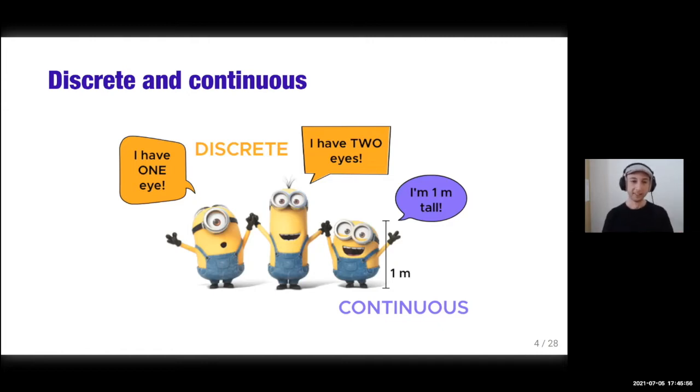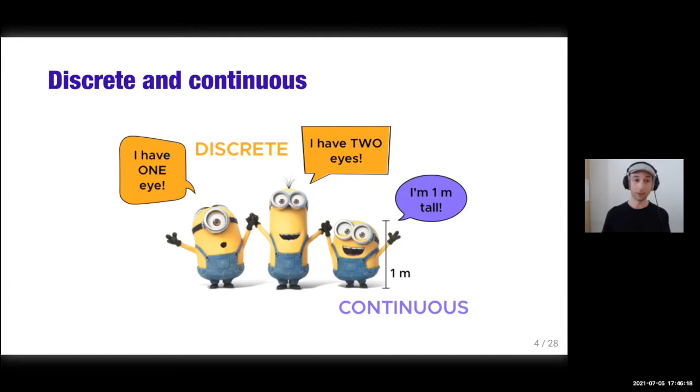Our helpers, the minions, are showing us an example of a discrete probability distribution on the left with the orange one, and on the right, you see an example of a sample that comes from a continuous probability distribution.